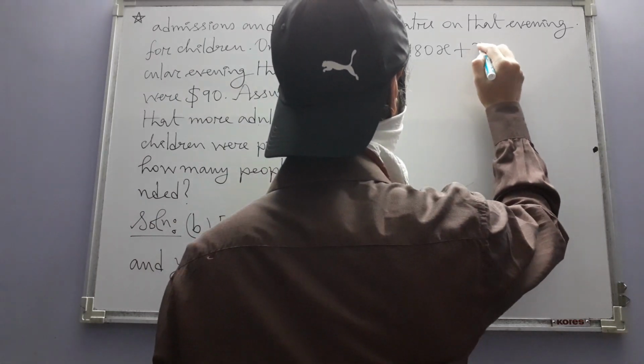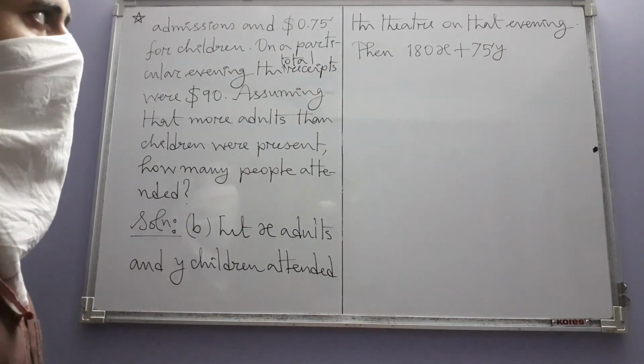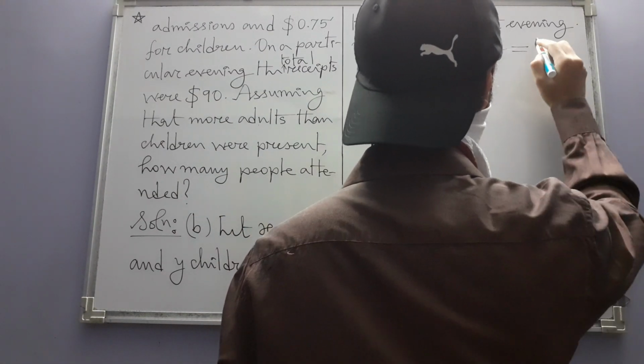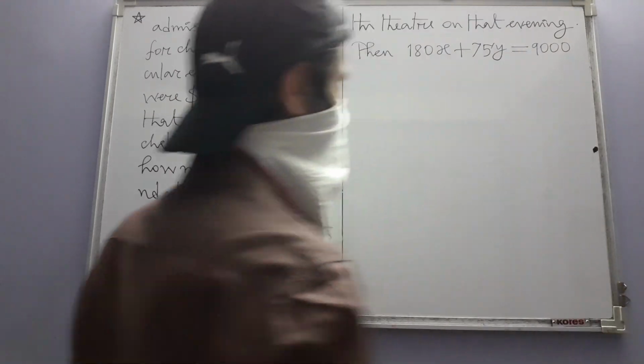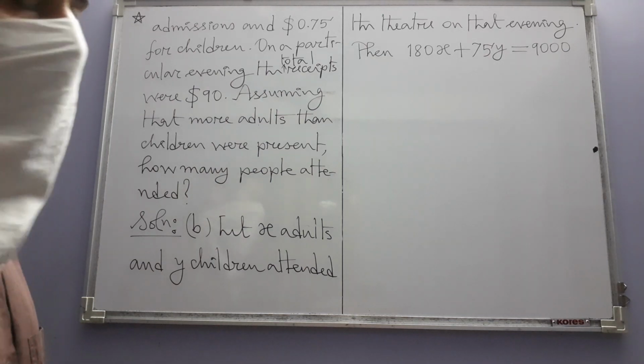So y number of children were present there, so 75y cents additionally, and the total receipts were $90, that means 9,000 cents.